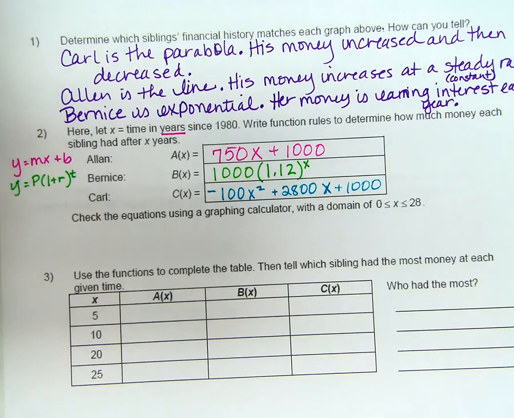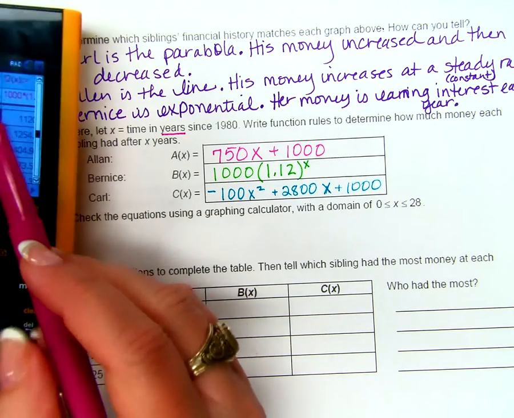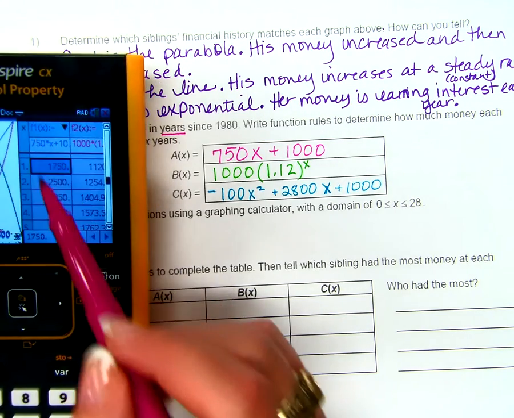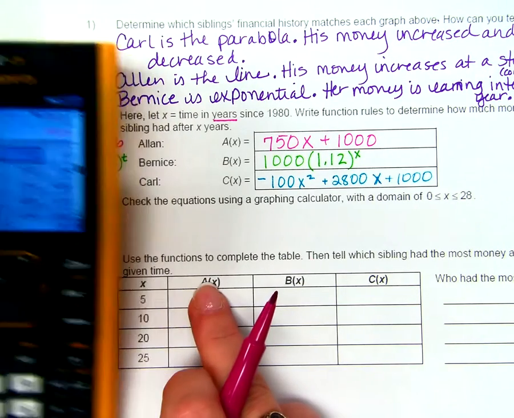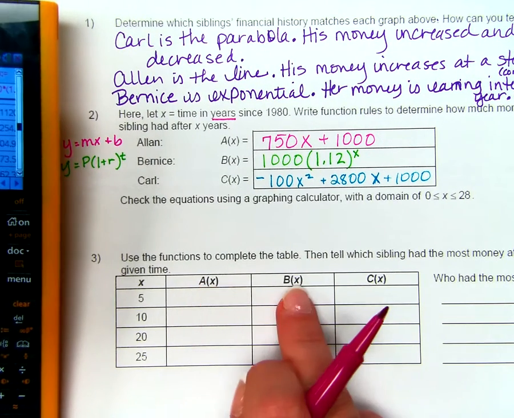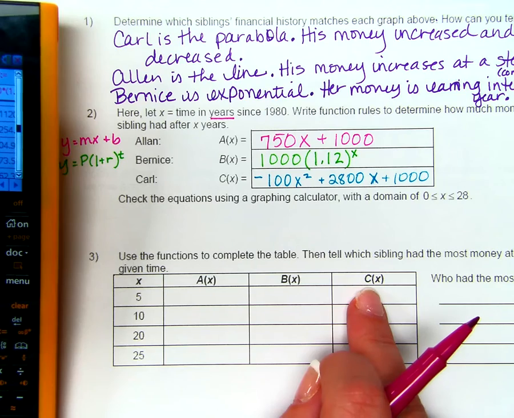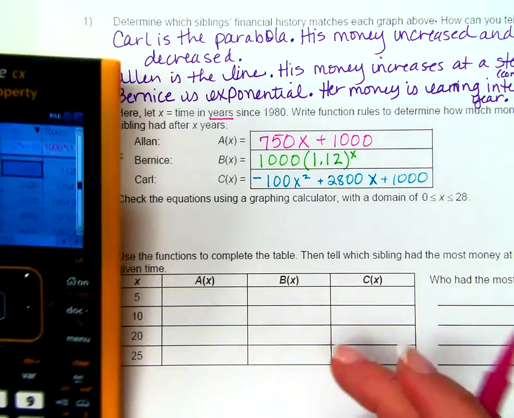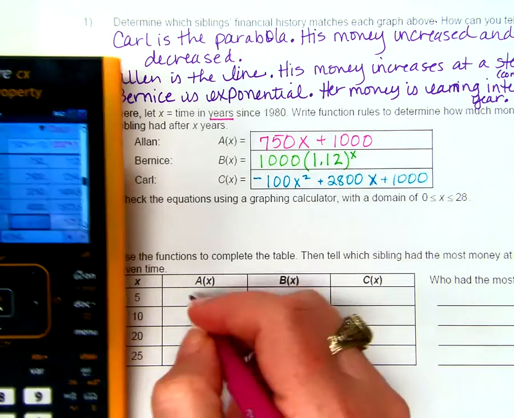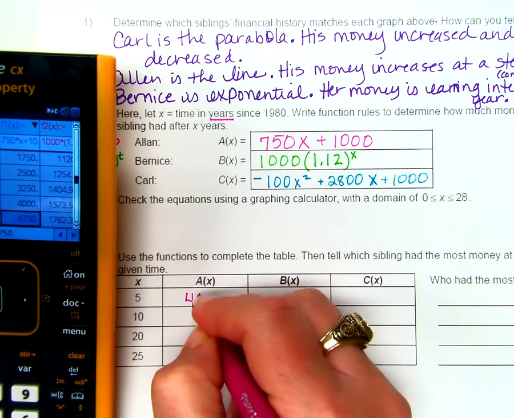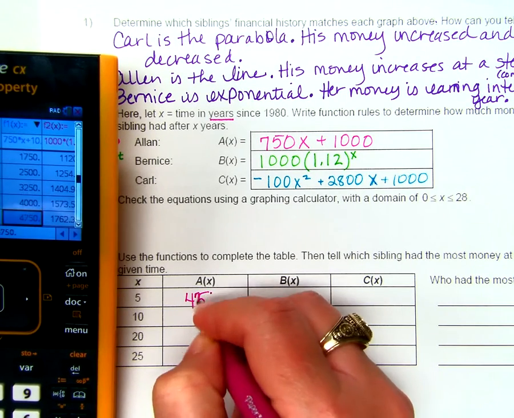Let's copy down Alan's information first because we have him in there at F1, right? F1 should be Alan's information. Did everybody catch the fact that Alan is A of x, Bernice is B of x, and Carl is C of x? Okay, just checking. So after 5 years, Alan is at 4,750.